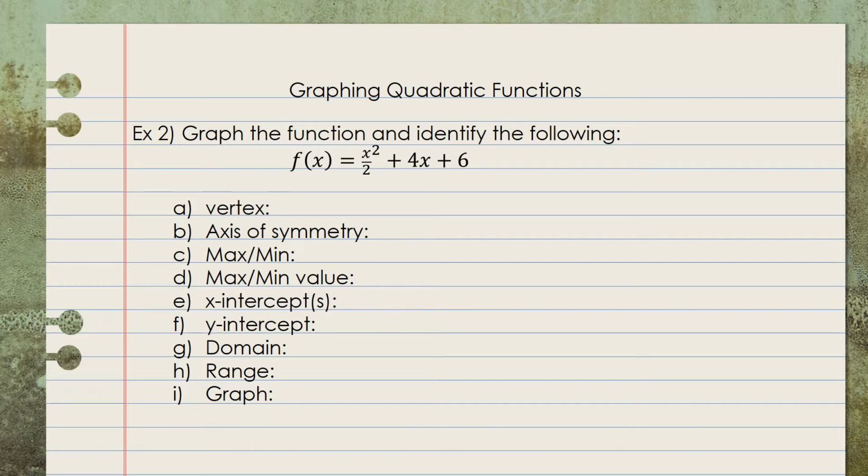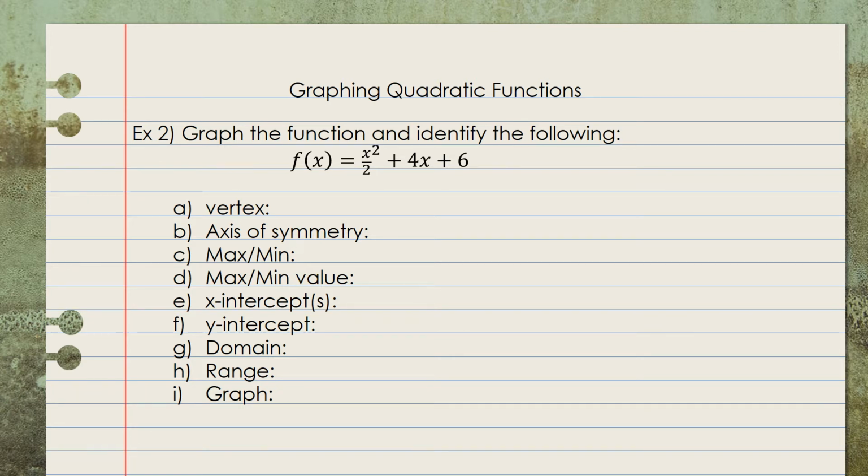Example 2, same directions. Graph the function and identify the following. This time our function is f of x equals x squared over 2 plus 4x plus 6. And we're looking for multiple parts. A, find the vertex. B, find the axis of symmetry. C, determine whether it has a max or min.